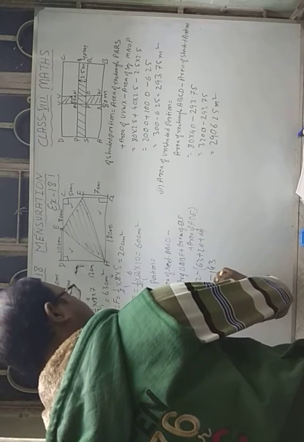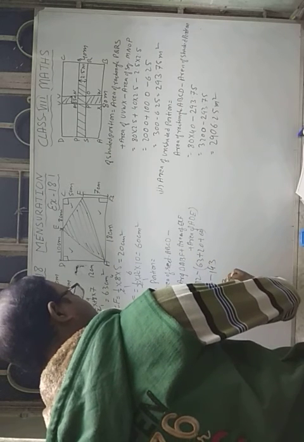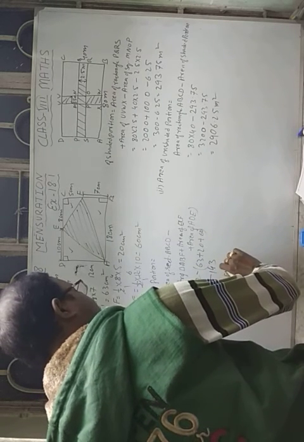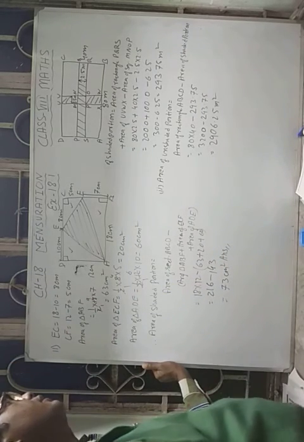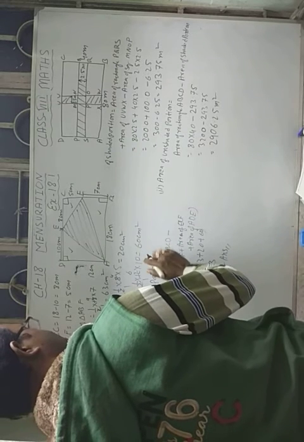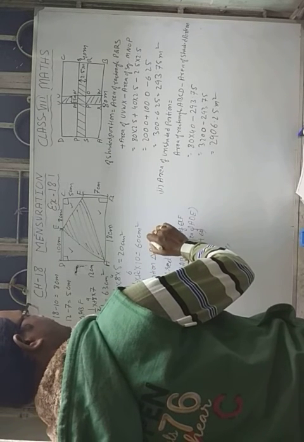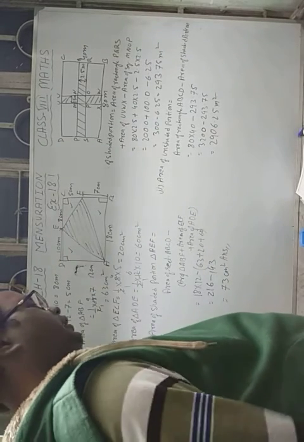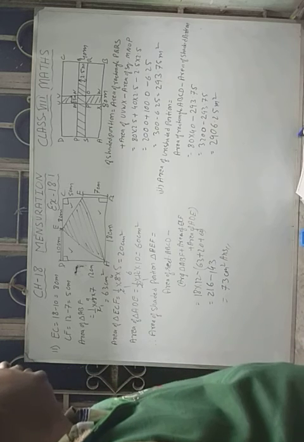Now subtract it: 216 minus 143 is 73 centimeter square. So in this way you can find the area of this shaded portion, that is triangle AEF. You can also write area of triangle AEF, that is the area of the shaded region.